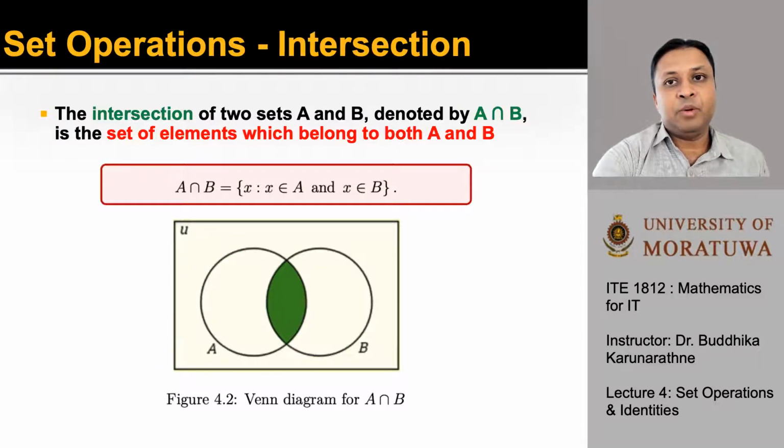And the next important operation is intersection. The intersection of two sets A and B is denoted by A intersection B. It's an inverted U symbol.